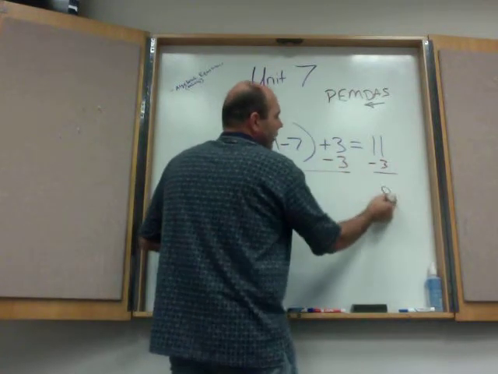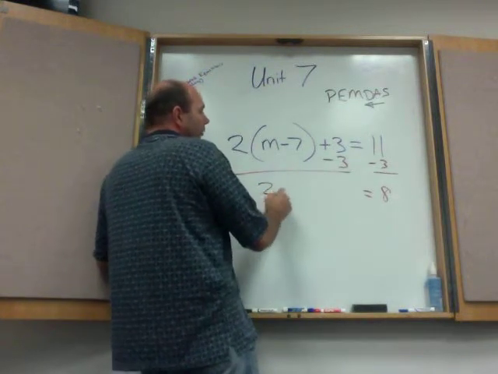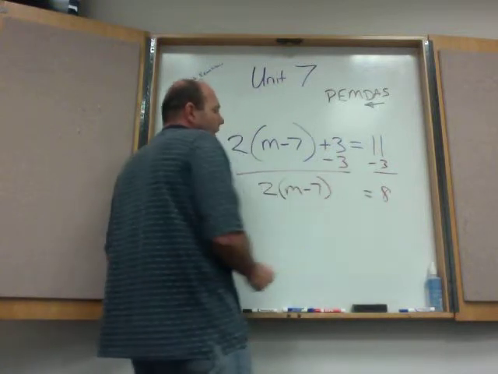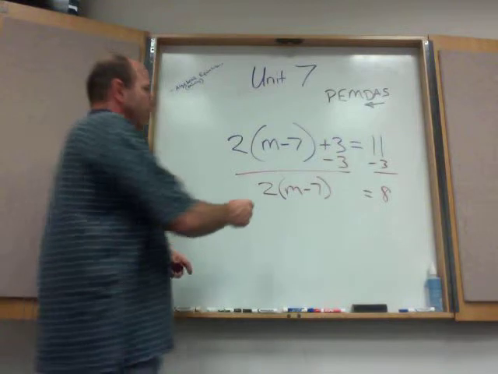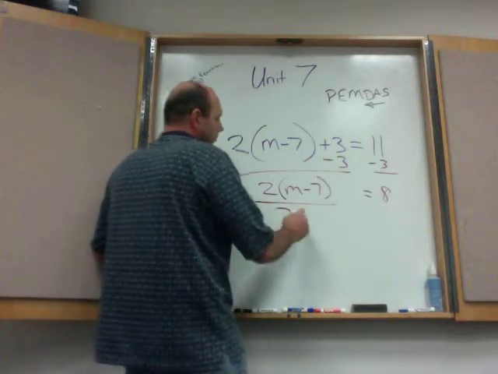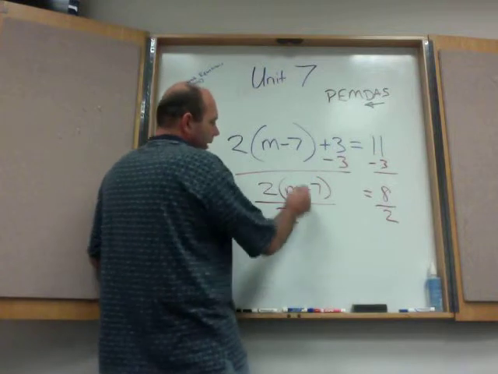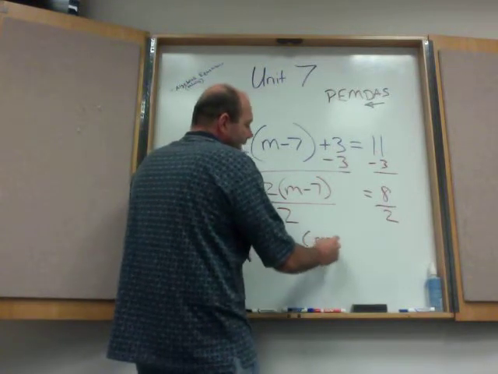This side leaves me with an 8. This side here I got rid of the 3, so I'm left with 2 times m minus 7 equals 8. Okay, opposite of multiplying by 2, divide by 2. Divide by 2. And I end up with, I just have m minus 7 left.